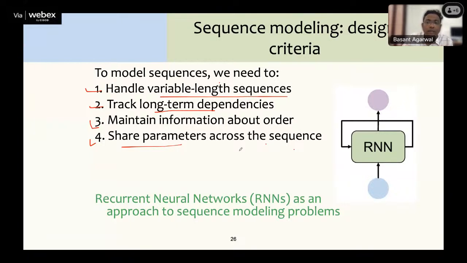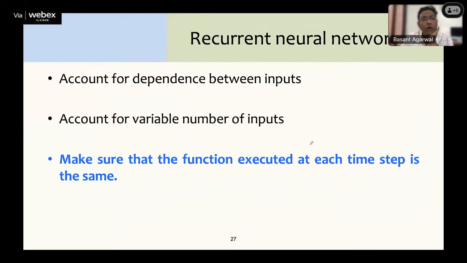So, we have to solve these kinds of sequential learning problems. We have the recurrent neural network, which tries to solve sequential learning problems. Now, when we want to create a recurrent neural network, the first thing we'll always check is that it should account for dependence between inputs. It should account for a variable number of inputs and make sure that the function executed at each timestamp is the same.